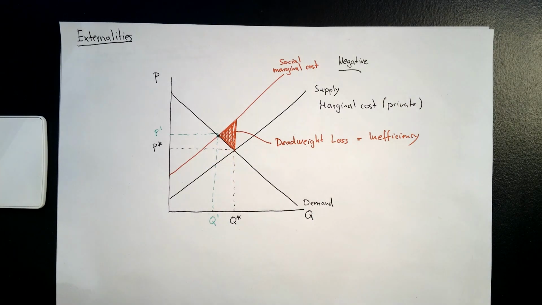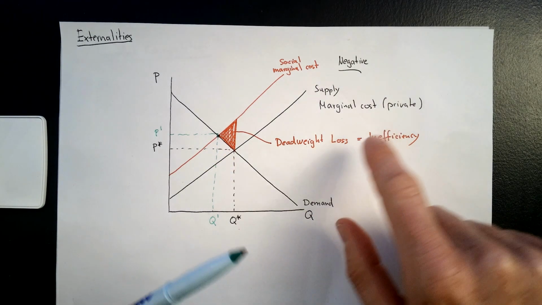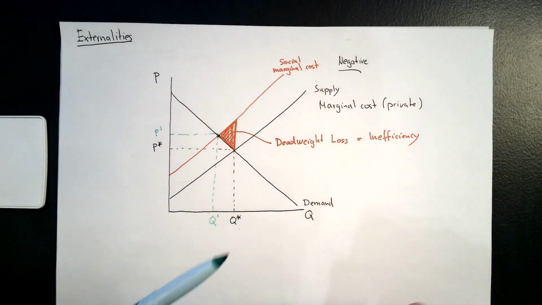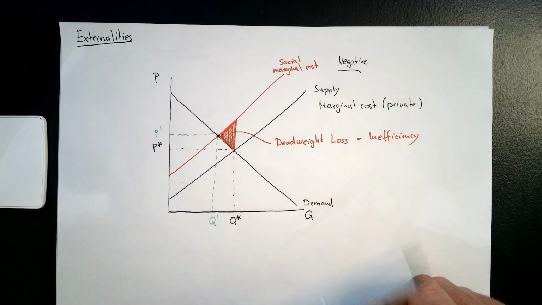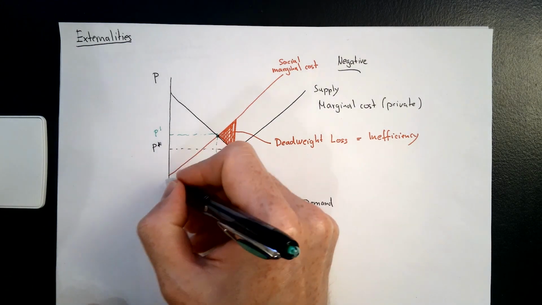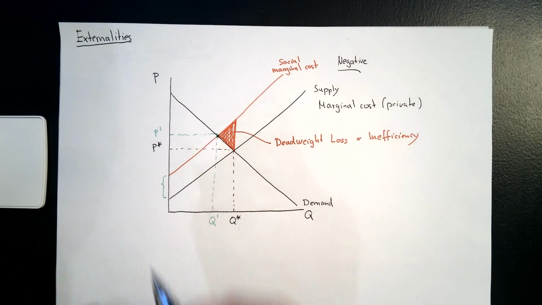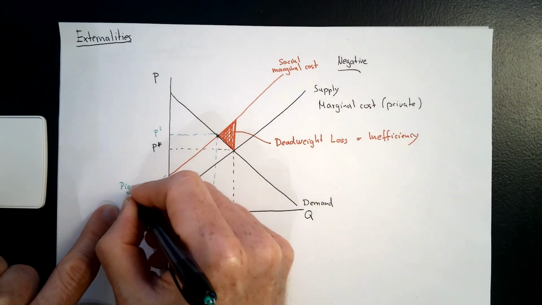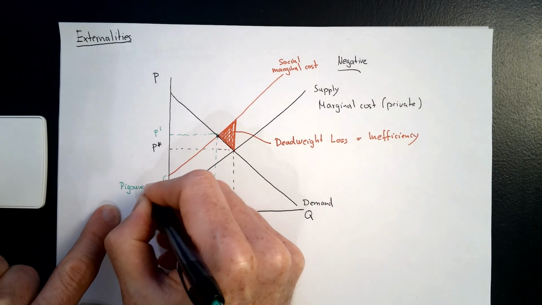And it turns out that in order to make market participants internalize this social marginal cost, the government could impose what is called a Pigouvian tax. And the Pigouvian tax would be in the amount of the externality. Okay, so here we could have a Pigouvian tax.